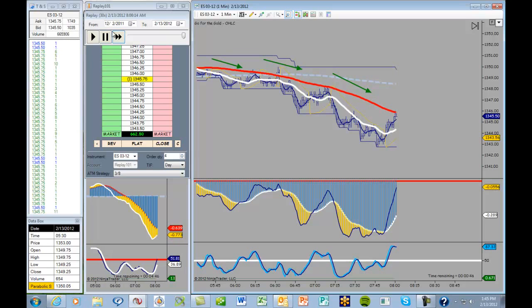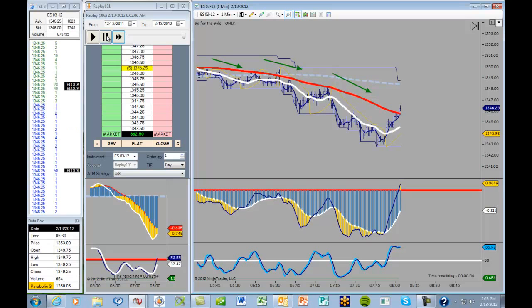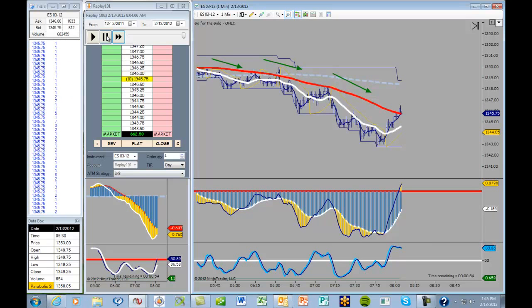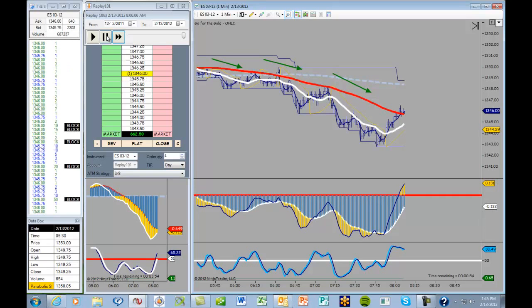All right, we're climbing above the red moving average with the price. Is the white moving average going to get there? I think it will eventually.